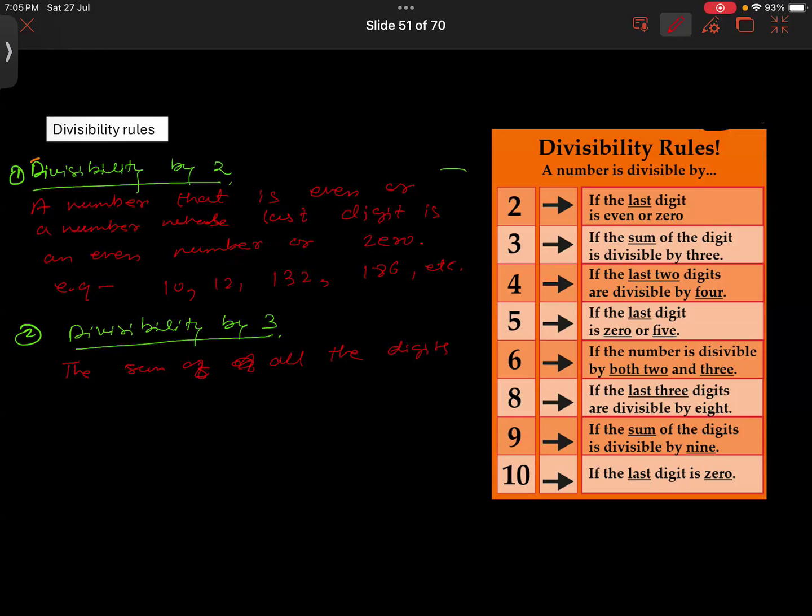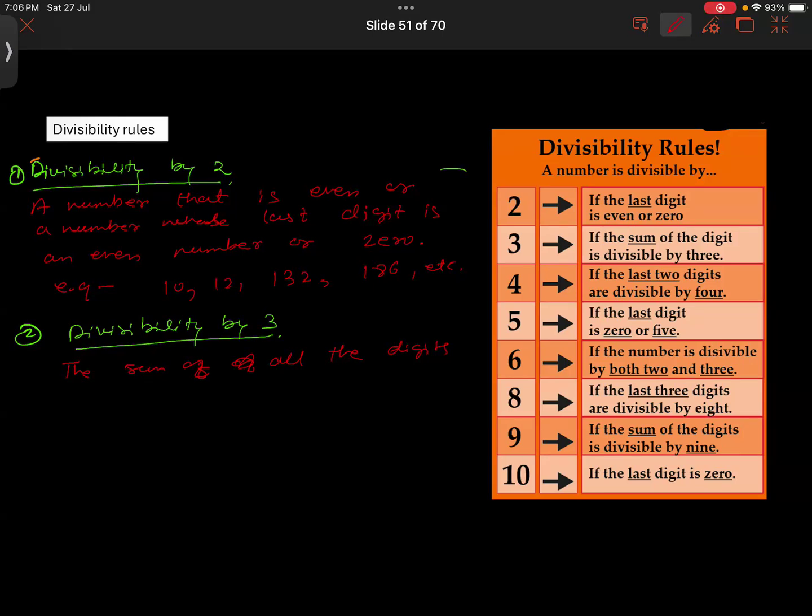Write down the first one. Example 2. You're done? Do you have to write the example 2?